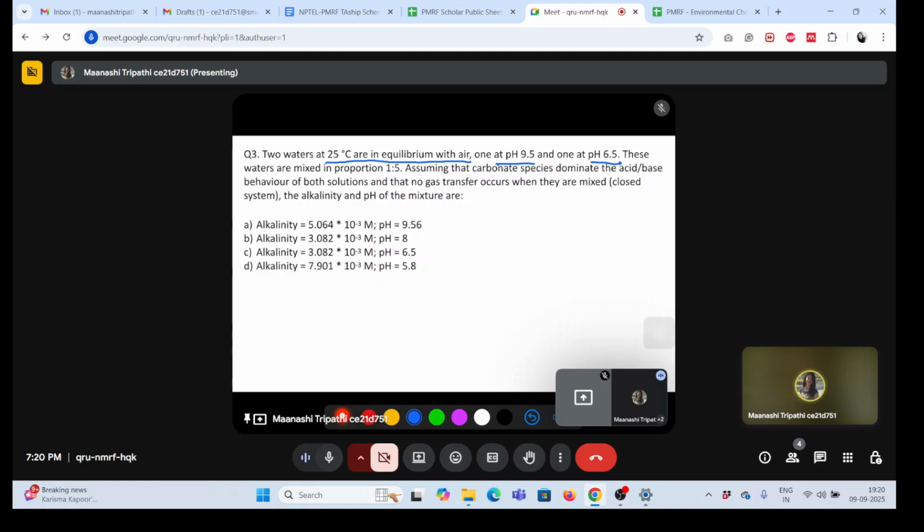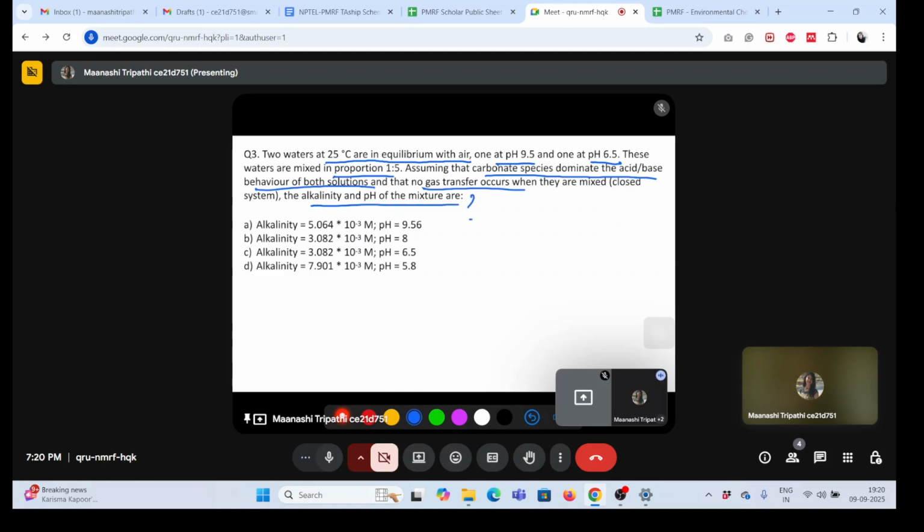These waters are mixed in the proportion of 1:5. Assuming that carbonate species dominate the acid-base behavior of the system and no gas transfer occurs, means it is a closed system. When there is no gas transfer between the atmosphere and the water sample, it is a closed system. The alkalinity and the pH of the system we need to find out.